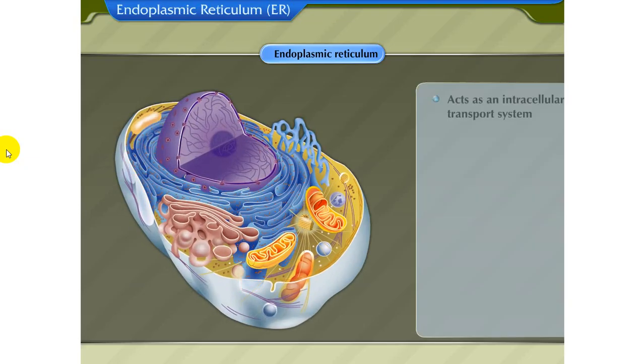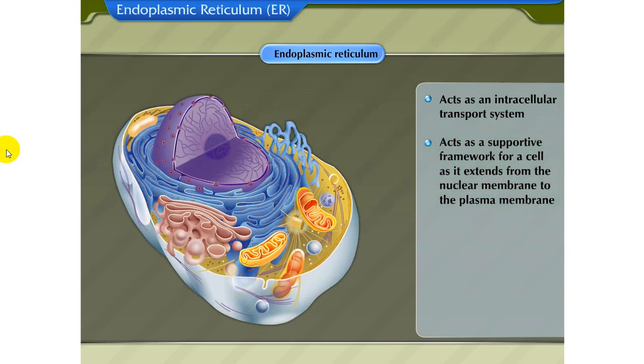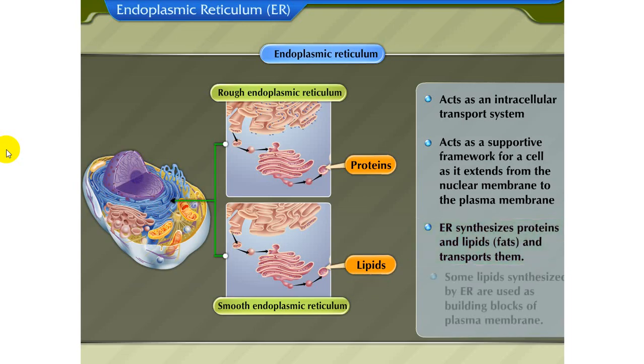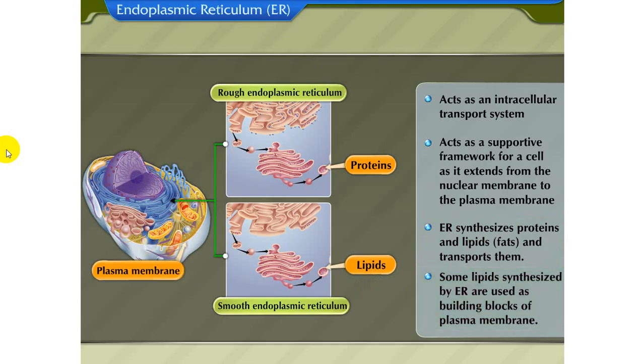Endoplasmic reticulum acts as an intracellular transport system. It acts as a supportive framework for a cell. This is because it extends from the nuclear membrane to the plasma membrane. It synthesizes proteins and lipids or fats and transports them. Some lipids synthesized by ER are used as building blocks of plasma membrane.